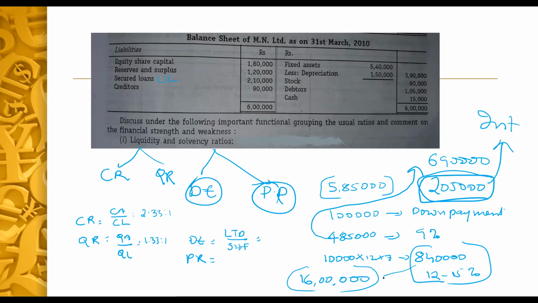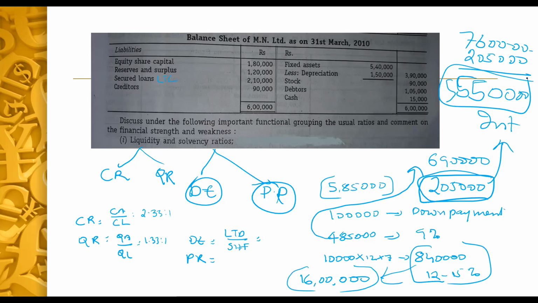And what is the difference between 8,40,000 and 16 lakh? 7,60,000. How much interest did I pay on the car? 2,05,000. So 760 minus 205 is 5,55,000. I took a car, paid the interest, invested in a mutual fund, and at the end this is the profit that I am making.